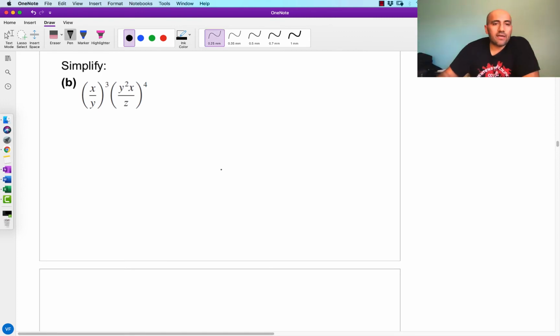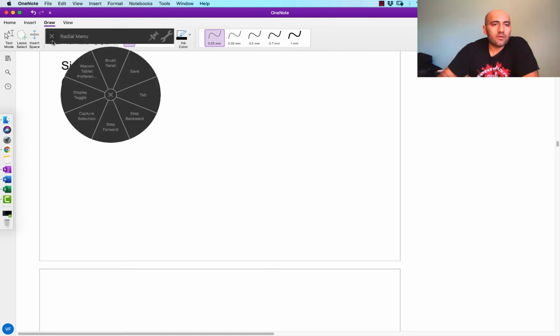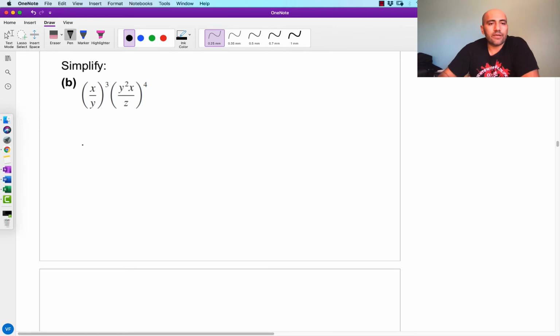Okay, what do we do with this guy? Let's distribute the 3. So this is the same thing as x to the third power over y to the third power times, okay, so this will be y squared x, all of that raised to the fourth power, divided by z raised to the fourth power.